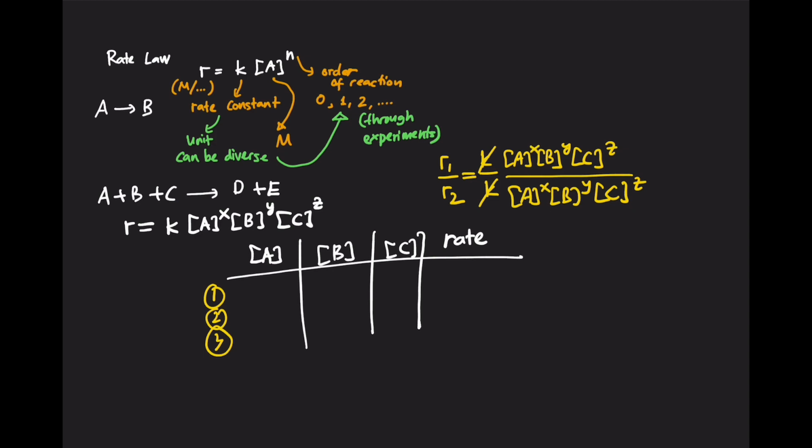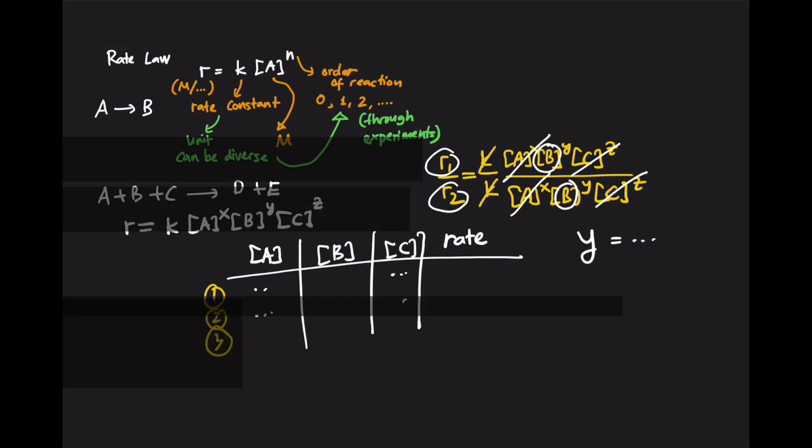So say if we have several data that has same concentration of A, in this case we can cancel out A. In other case, if we also have the same concentration of C, we can also cancel out C. And then we can find the value for B in the first rate and then B for the second rate. And then through this, we can find the value of Y, as the R1 and R2 is also known in the table. The table normally we will obtain through experiments.